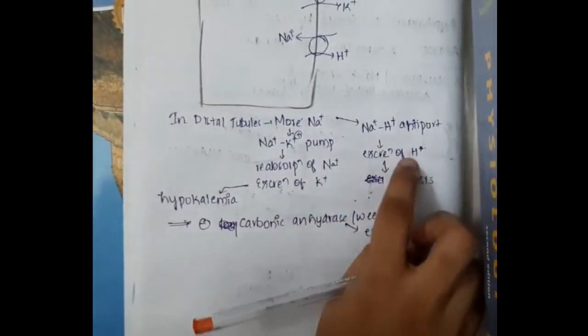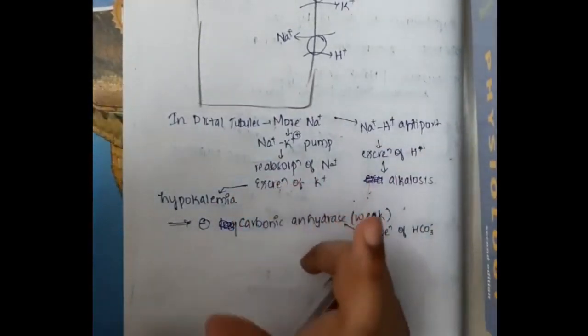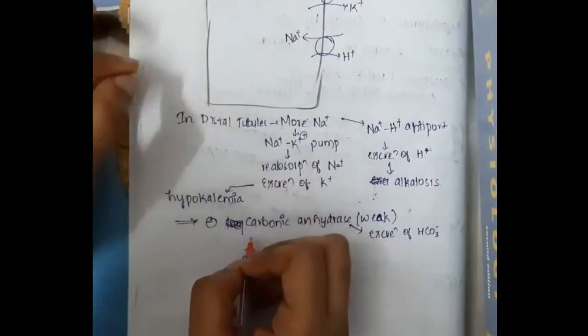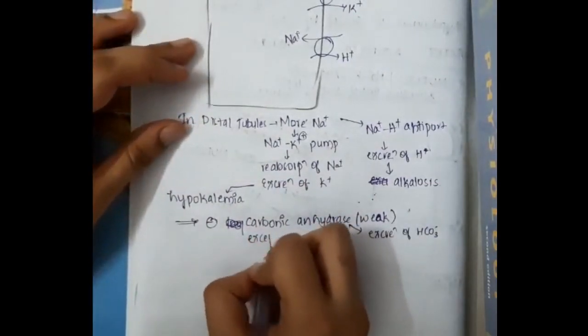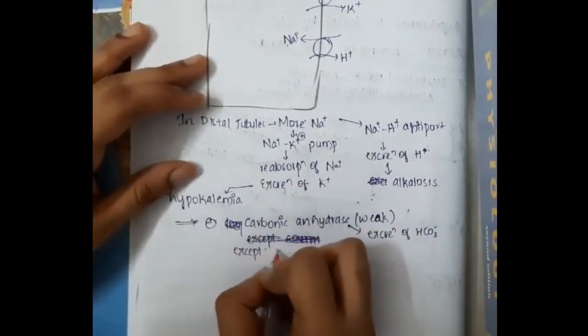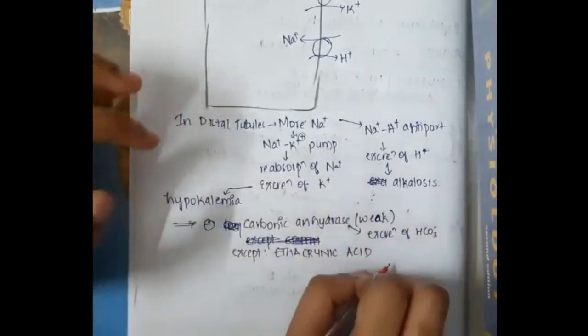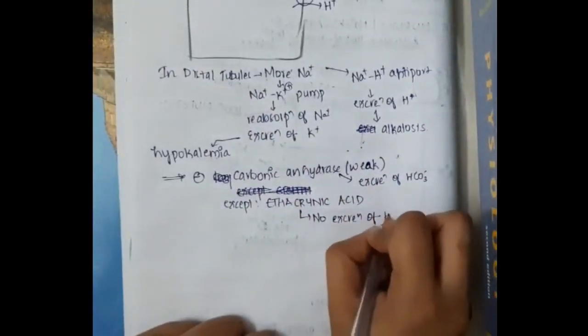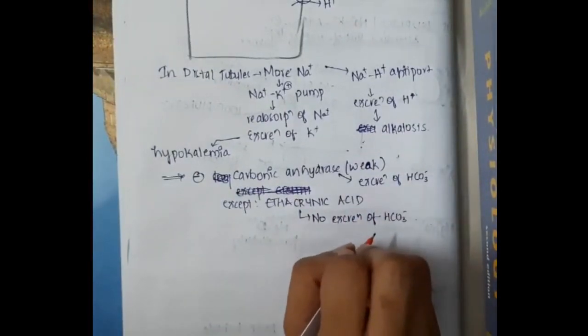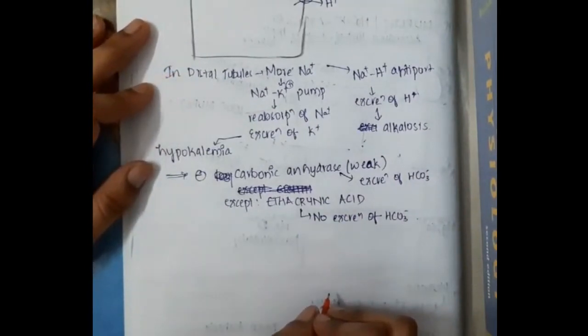So thus, because they inhibit carbonic anhydrase, they cause excretion of bicarbonate also, except that there is one drug which does not cause excretion of bicarbonate, which is ethacrynic acid. Ethacrynic acid is a loop diuretic which has no action on carbonic anhydrase enzyme, and it does not cause any excretion of bicarbonates, right? So this is the important point about the loop diuretics.